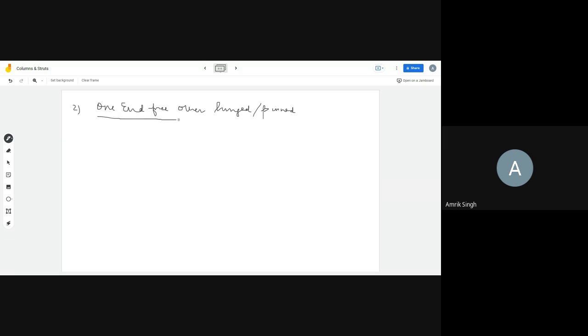So this is the second condition. So in this case, we take it like this: one end free and another end hinged. So it is like this.